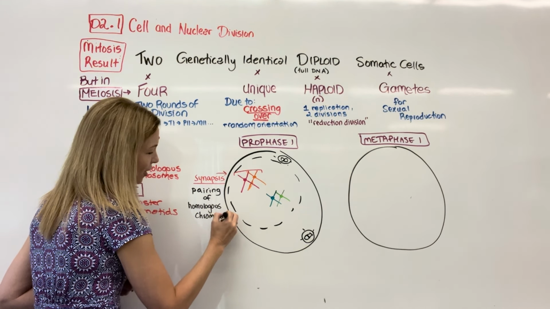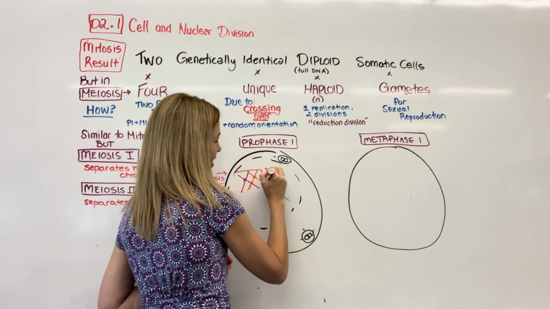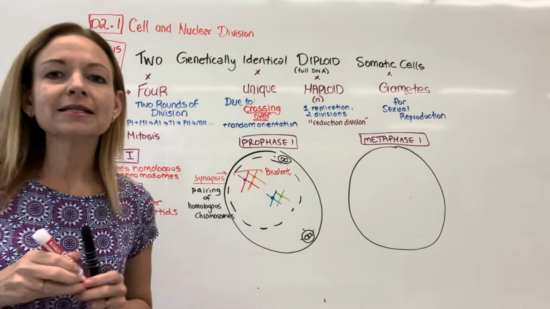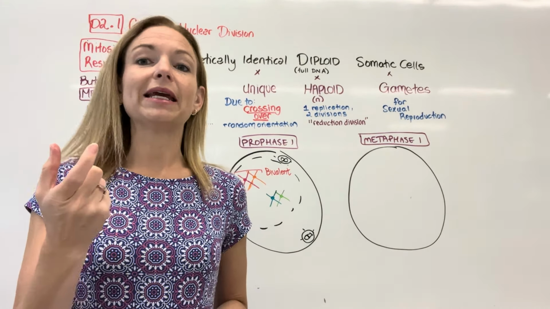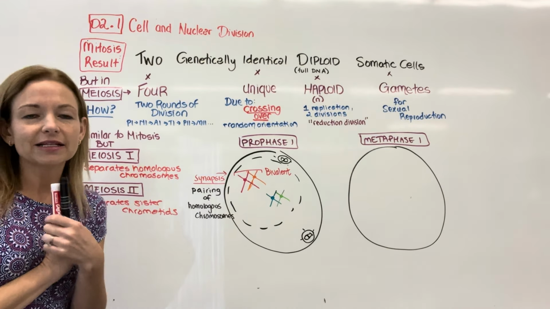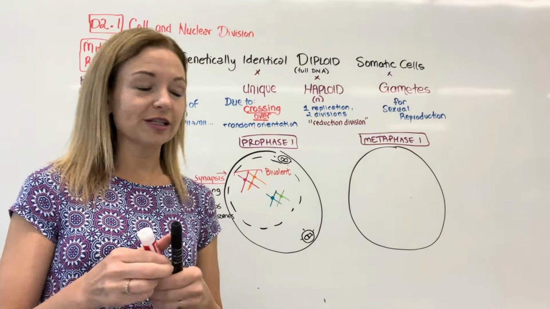When they are paired like this, we now call this a bivalent or a tetrad. I think IB textbooks are using bivalent. So that's just when they are joined together. So when they have come together, they are called a bivalent. The reason why this is important is because this is where crossing over is going to happen.